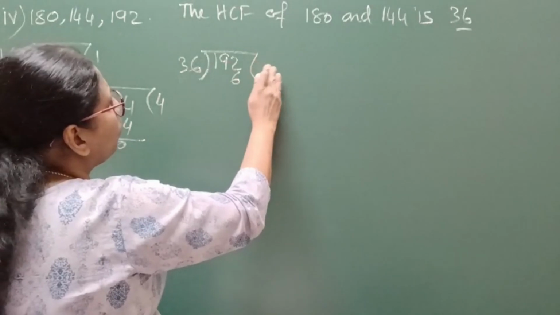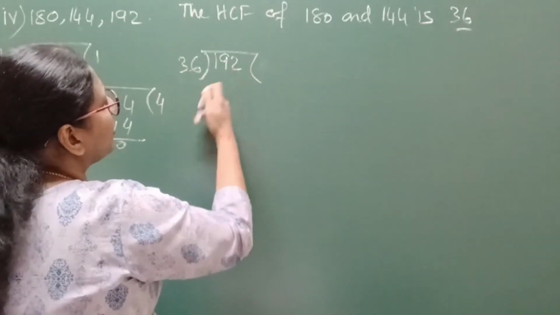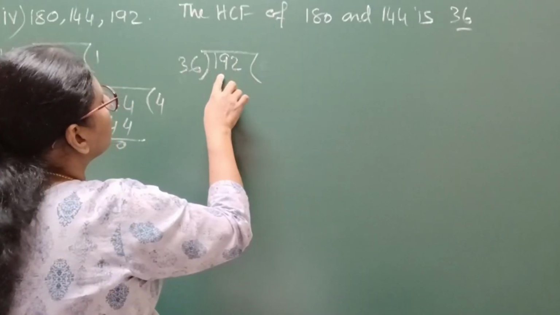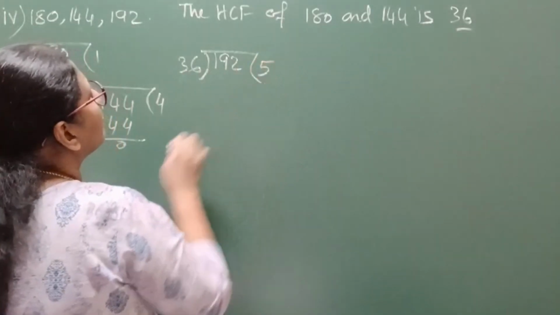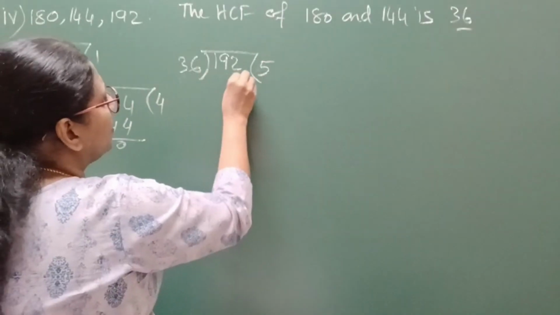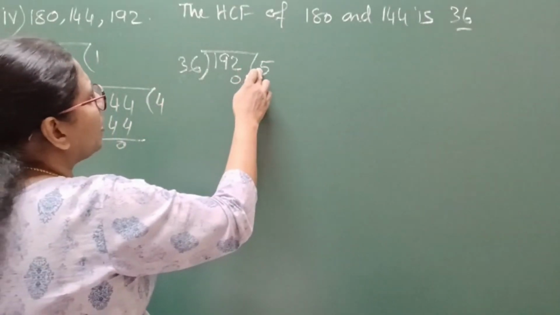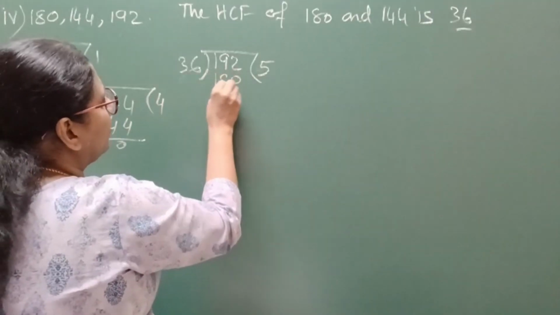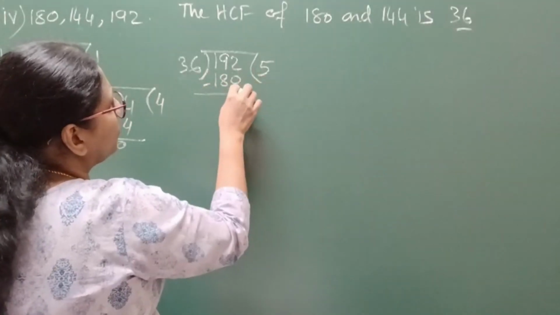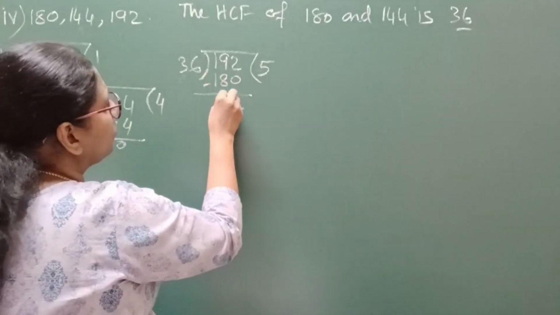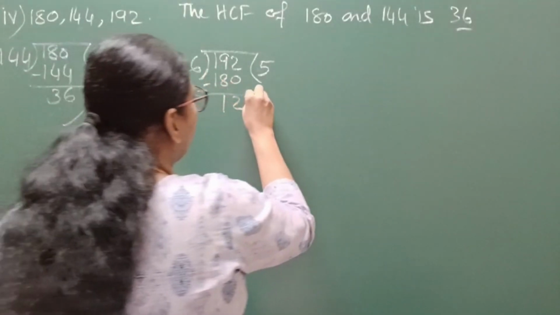So it will not go, one number less will take. 5. 5 6s are 30. 3 balance. 5 3s are 15 plus 3, 18. 2 minus 0 is equal to 2. 9 minus 8 is equal to 1. We got 12.